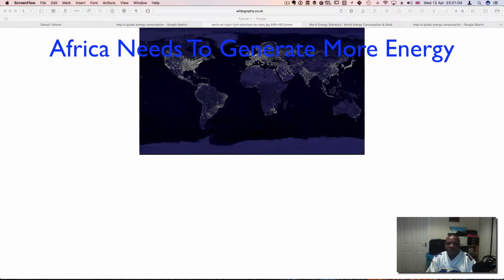So this map generally shows the amount of energy that is being used in the different parts of the world. And you can tell because the strongest economies are in America, Western Europe, and around Japan over there, and obviously China. China is lit up quite a bit as well.